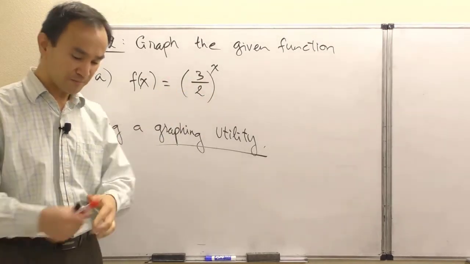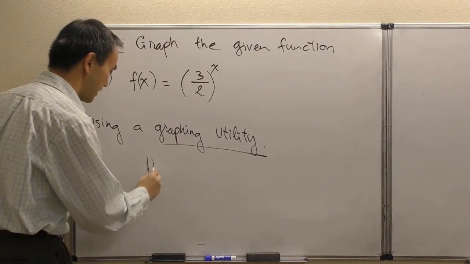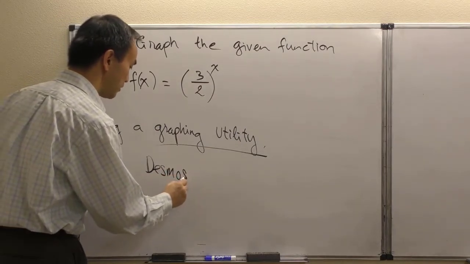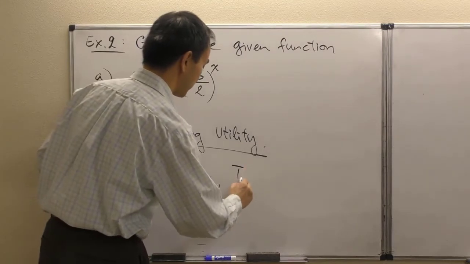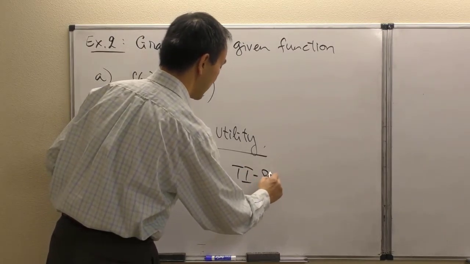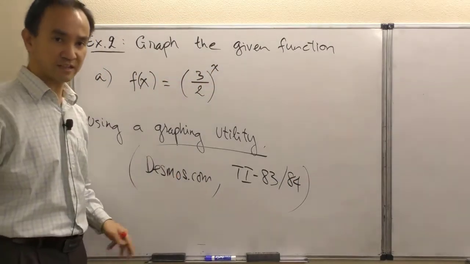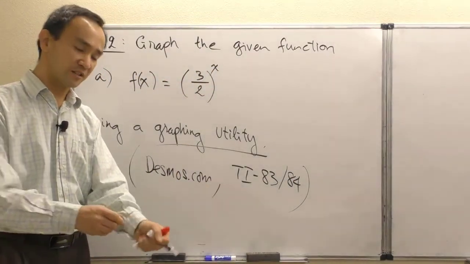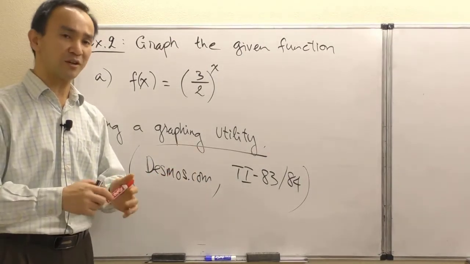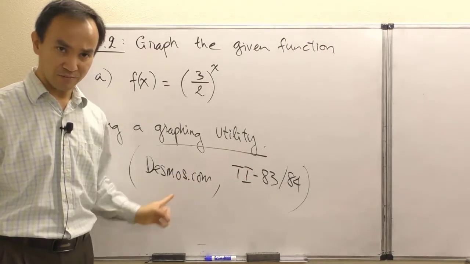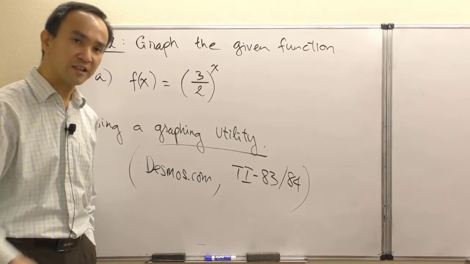For this lecture particularly, I am going to aim at Desmos for anyone planning to use Desmos, and I'm also going to show how to use that on the TI-83 or 84. Those are the two graphing utilities I'm showing in this video. If you're using something else, I'm sure there will be similar functionality, but you have to spend a little time reading the instruction manual.